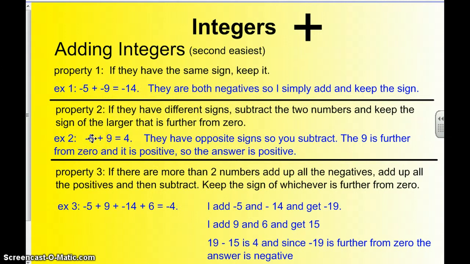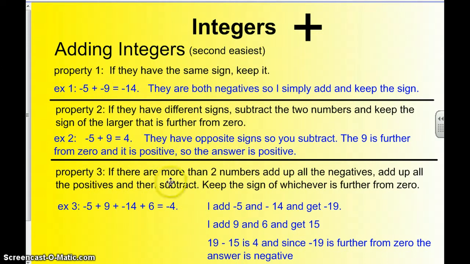Well, negative 5 is 5 spaces from 0. 9 is 9 spaces from 0. So my positive number is further from 0, so I keep my answer positive. Now, if I were to switch that, and if I would have done positive 5 and negative 9, my answer would have been negative 4 because the negative would have been further from 0.